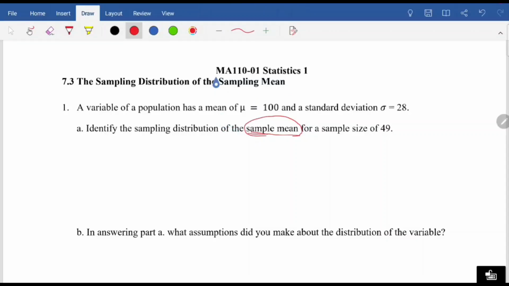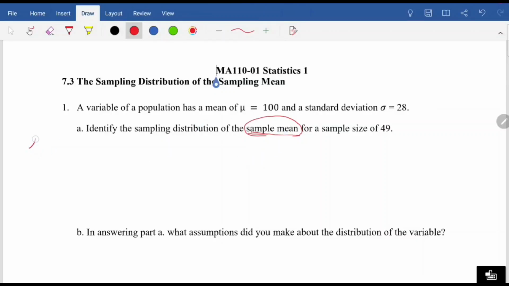So we learned some rules in this chapter about the mean of all the sample means and the standard deviation of all the sample means. So let's use those theories that we learned and answer this question.